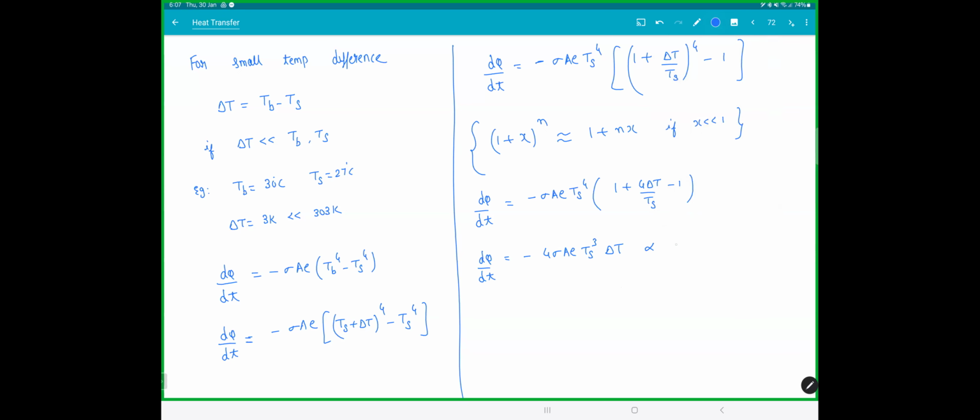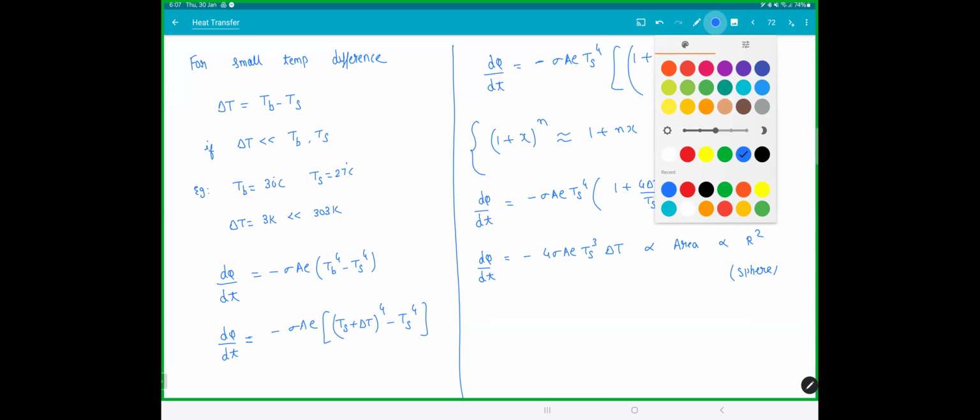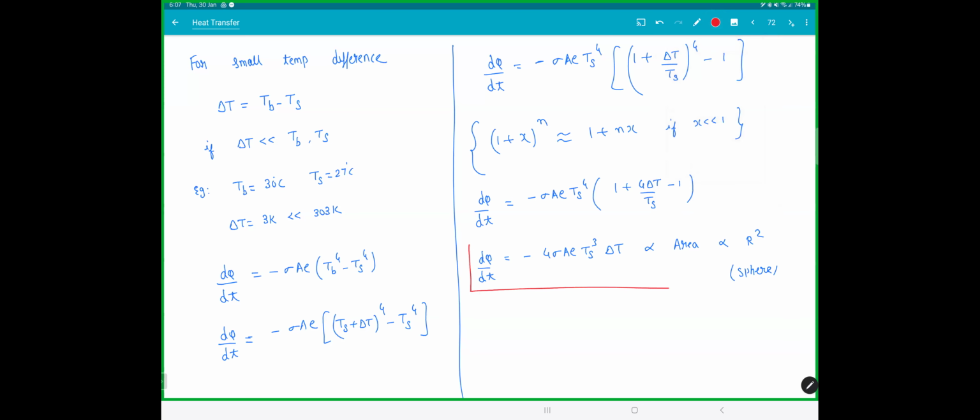More than that, it is proportional to the area A, which is proportional to 4 pi r square for a sphere. So how much heat a body loses will depend on the surface area.